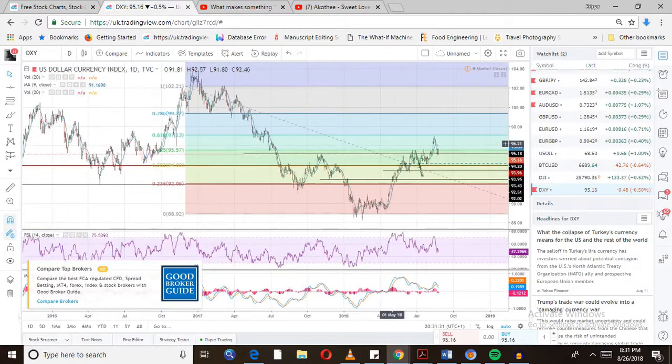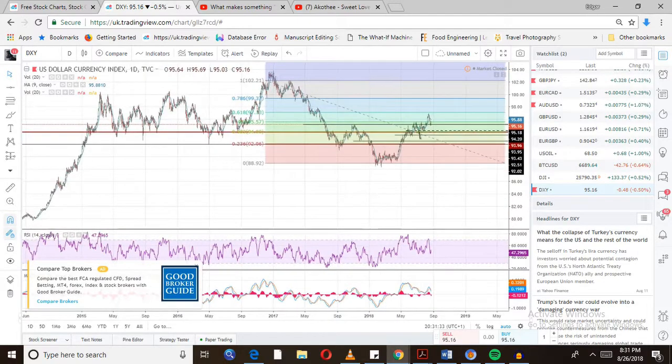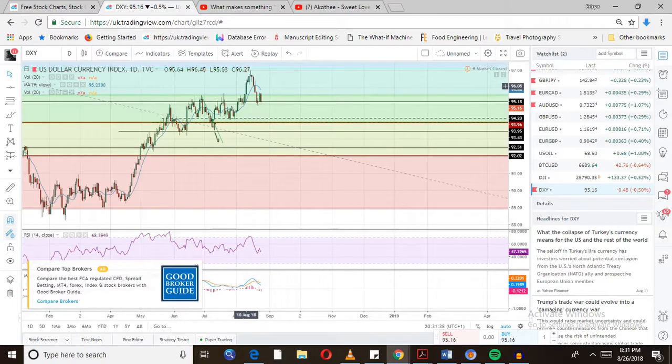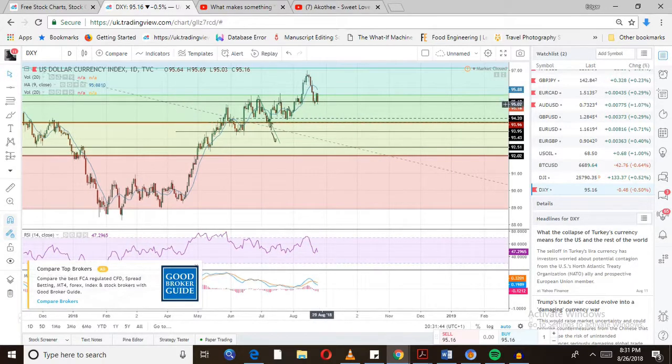Now it has already happened. It has already started. You can see here it has already passed this MACD level. The market is trying to test this key level of 95.15.